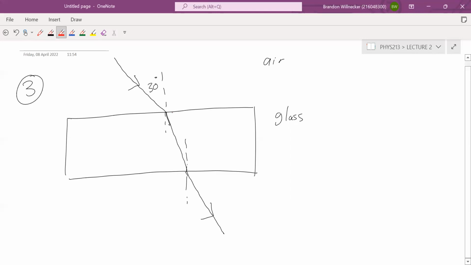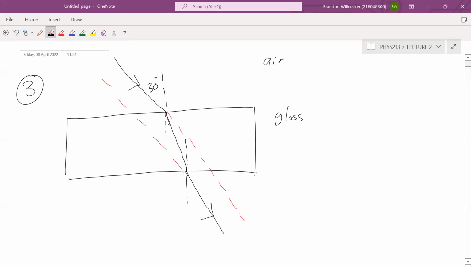So we can just extend this line like so. Sorry, that's supposed to be parallel. And we can extend this line like so, and those two lines are going to be parallel, okay, because of the double refraction going on there.